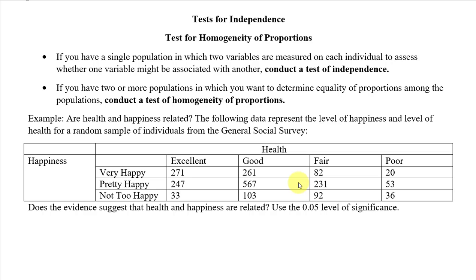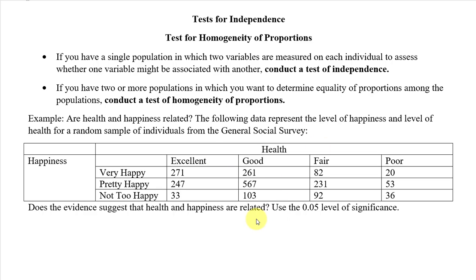And the alternative hypothesis is that the variables are associated, or they are dependent. So the very first step is that we need to figure out the expected counts for this table.